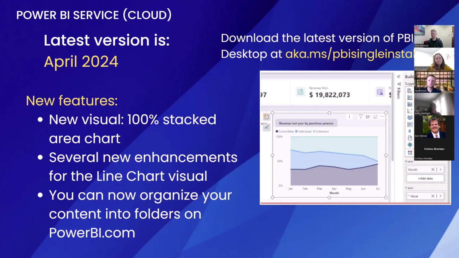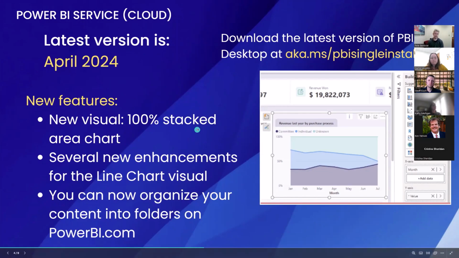But it's actually a feature that's been requested by the Power BI community for years, and the overlords in Redmond, Washington finally saw fit to give us that feature. So if you've got a cloud workspace on powerbi.com, you can now create folders in that workspace and help organize your content a little bit better. That's actually a good feature and something you would probably see if you're using the Power BI cloud.